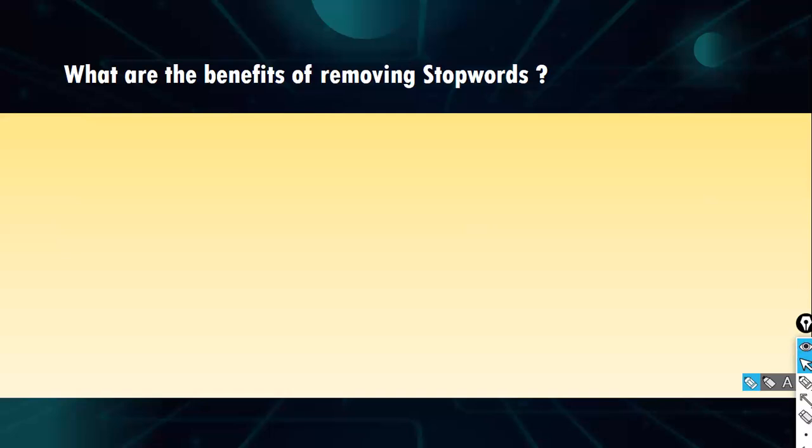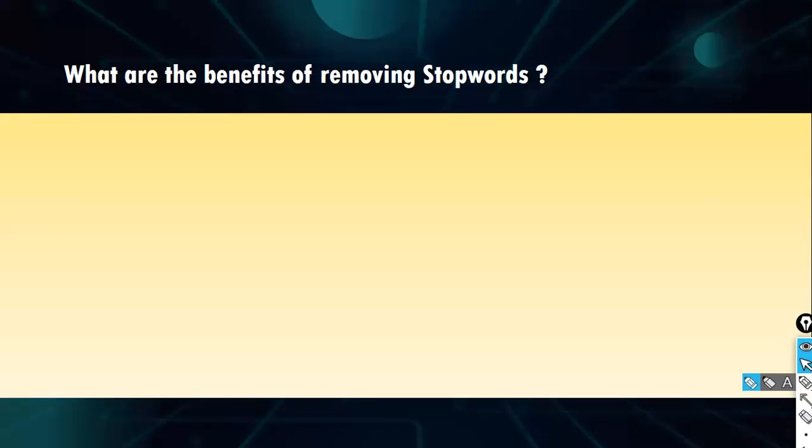So one way, by eliminating these stop words, will reduce the size of your text data. And as the size decreases, what will happen? The performance will be faster. Once you have only the relevant tokens remaining, when you train your classifier model, the performance will be faster and it will also improve the accuracy of your classification.